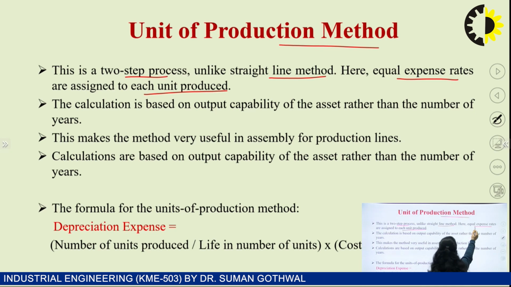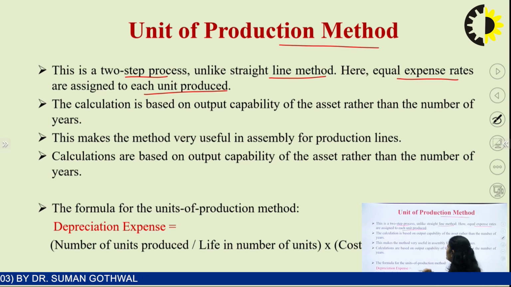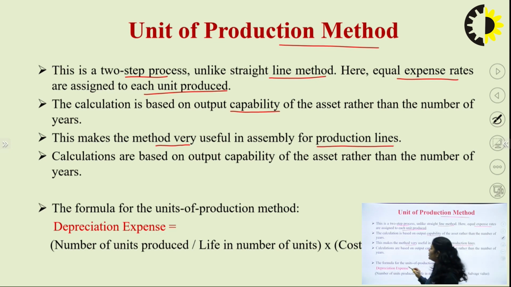The calculation will be based on the output capability of the asset rather than the number of years, and this makes the method very useful in assembly for the production lines.